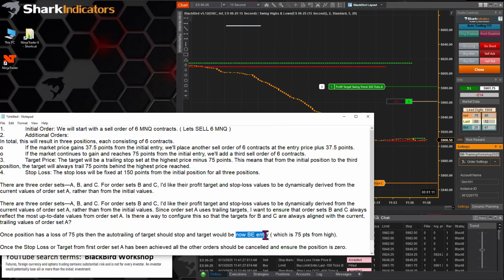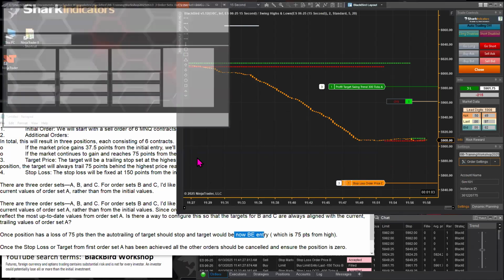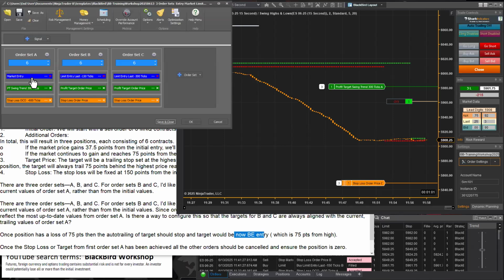So this is incorrect. This is not actually break even. This would be the... yeah, so this is not break even. This is actually the entry price of the first order set. Yeah, all right.